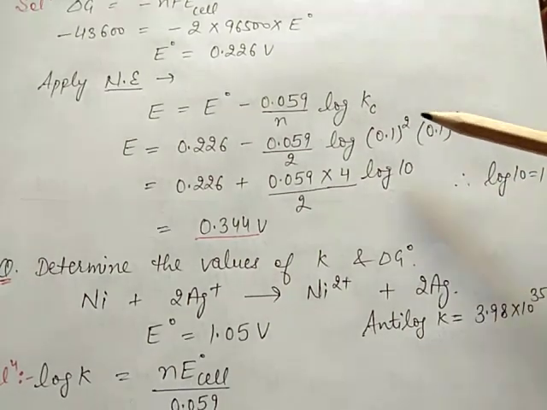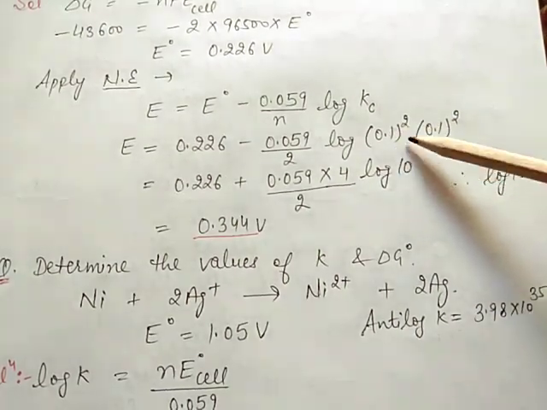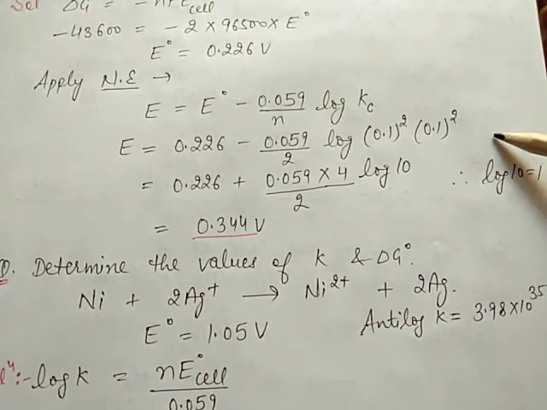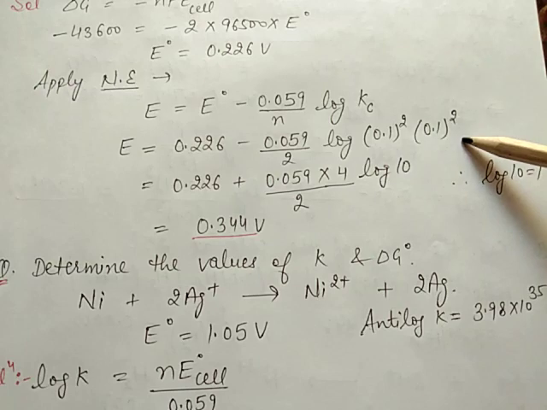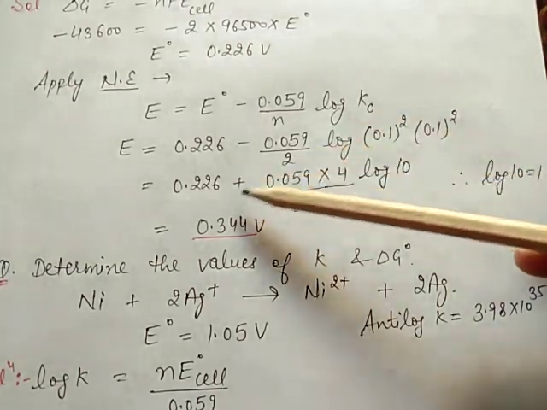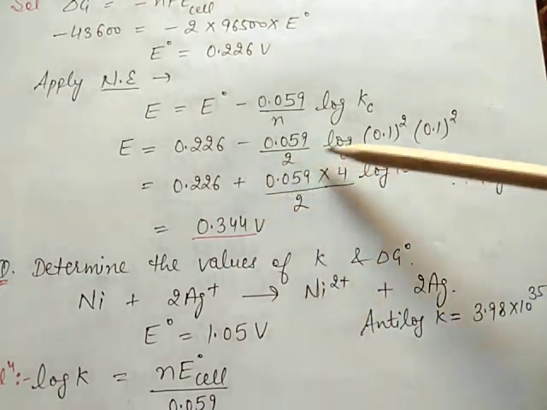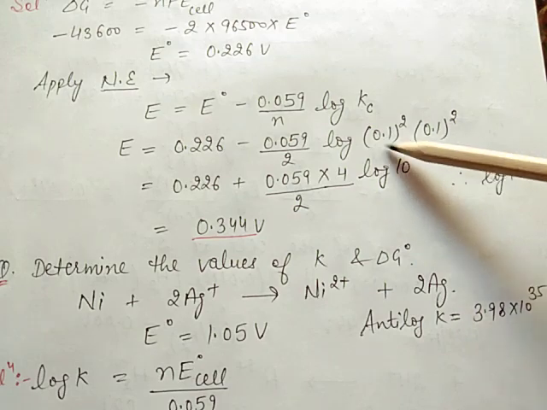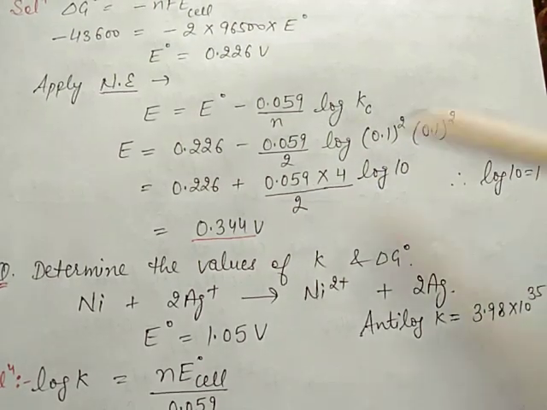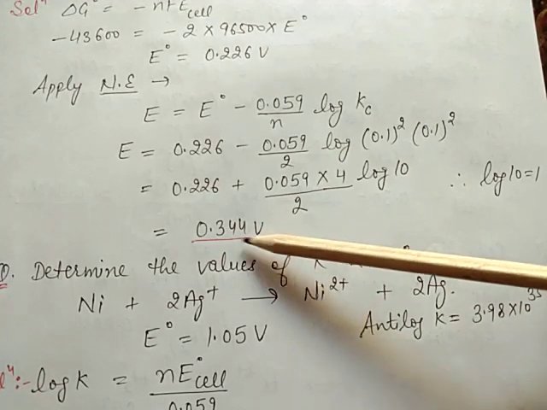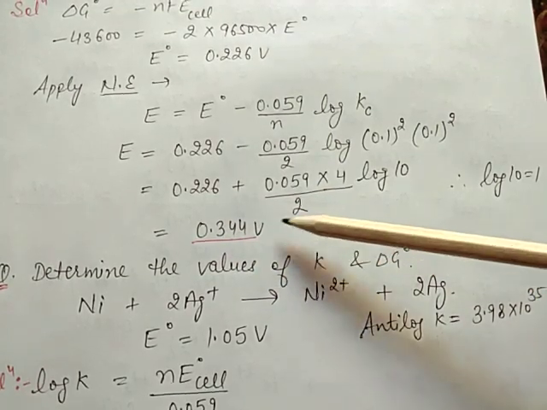How will we calculate? Means 1 by 10 into 1 by 10 into 1 by 10 into 1 by 10, means 10 to the power minus 4. Minus 4 comes on this side, minus minus plus 4 log of 10. Log of 10 is equal to 1. After multiplying and dividing, that is the answer, 0.344 volt.